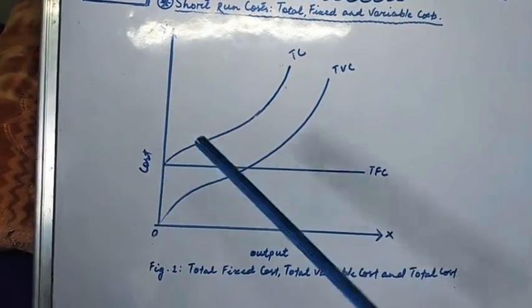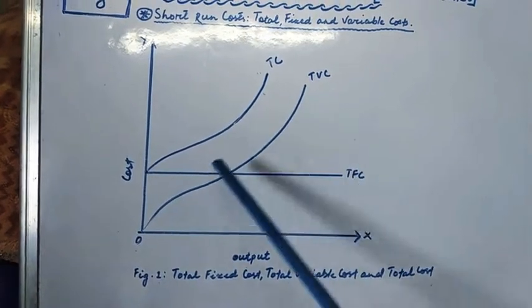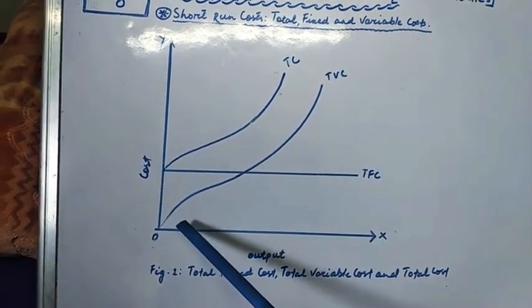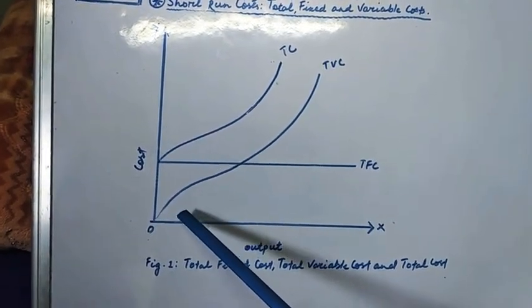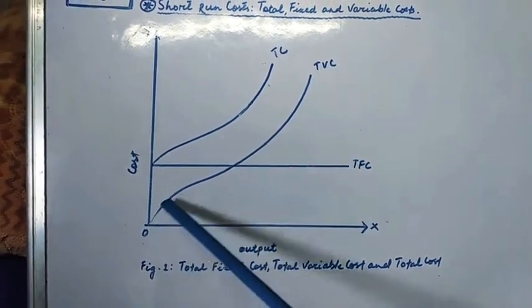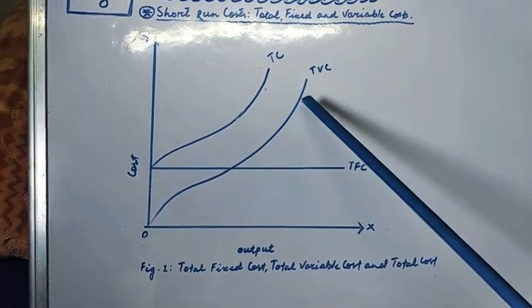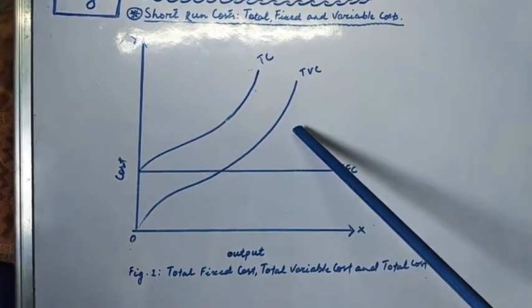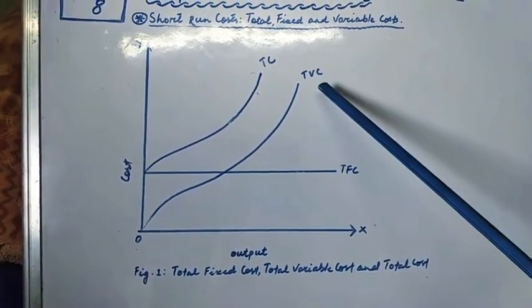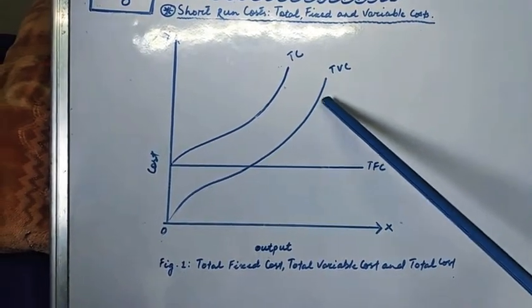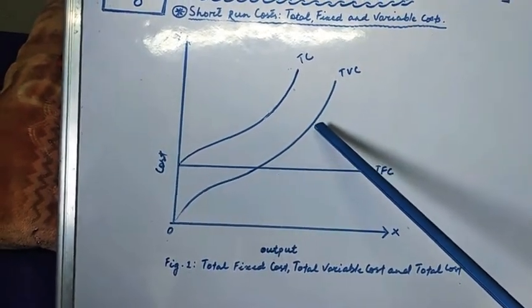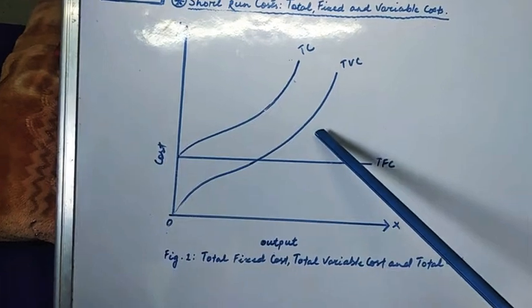On the other hand, what about the total variable cost? The total variable cost is rising upward, showing that as the output increases, the total variable costs also increase.